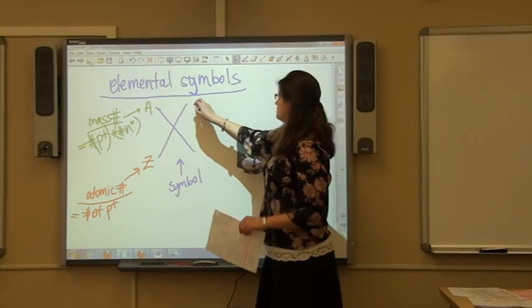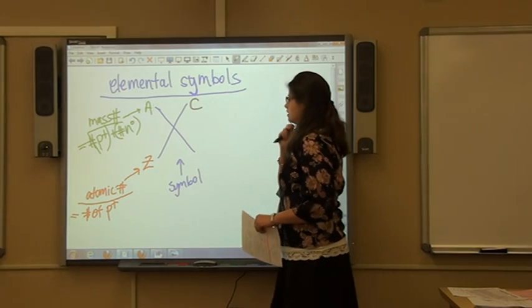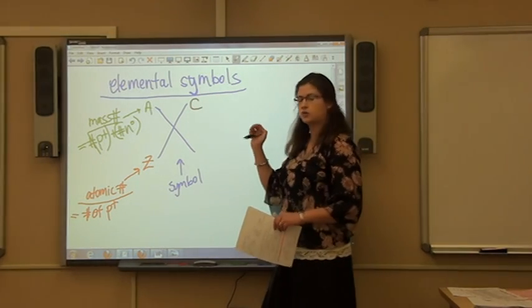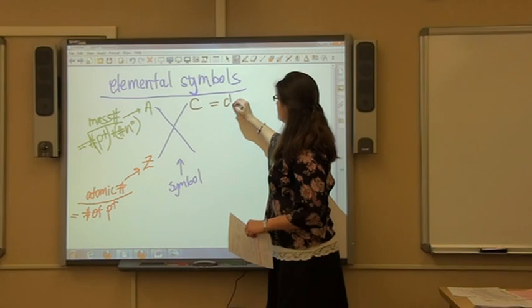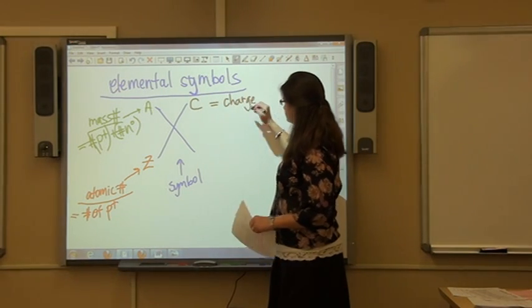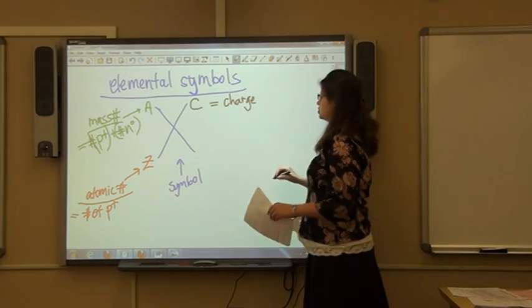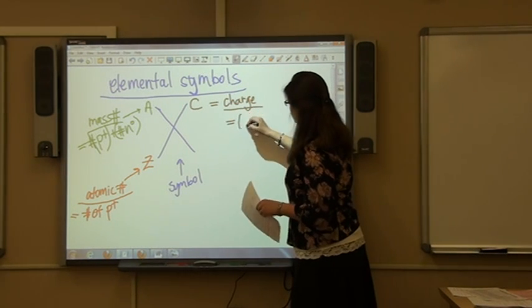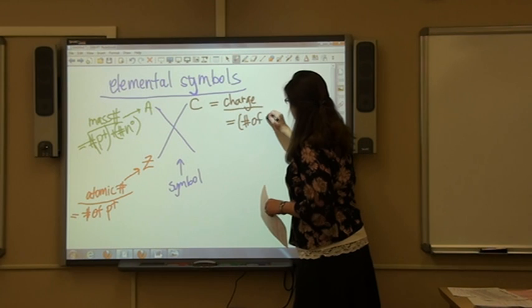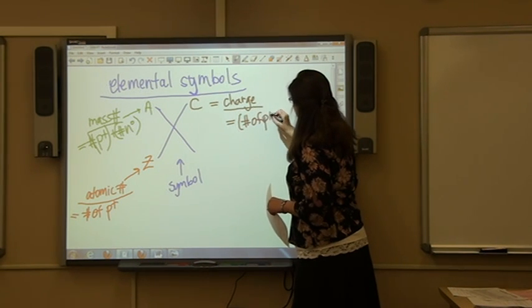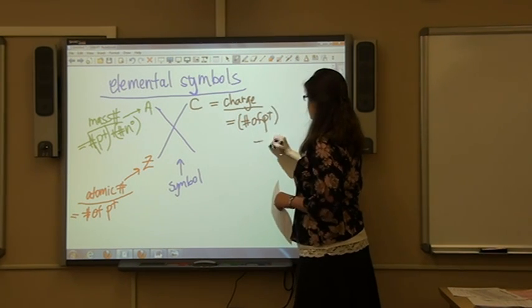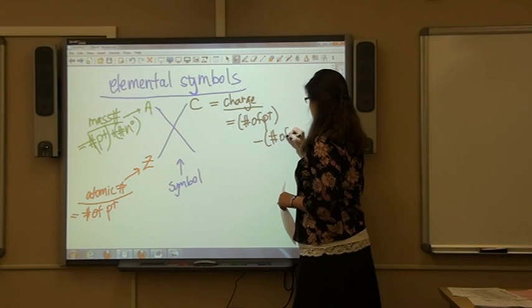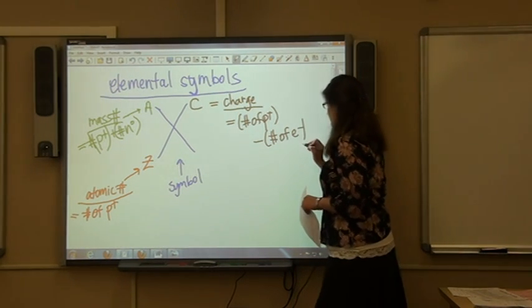And then in your elemental symbol, you can place a number also in the top right corner, and that is what we call our charge. Charge is calculated by taking the number of protons minus the number of electrons in our atom.